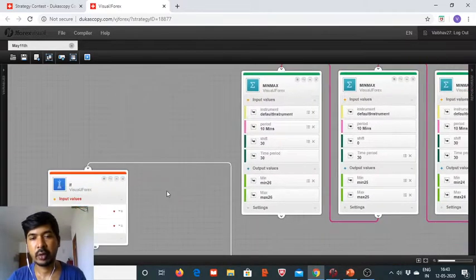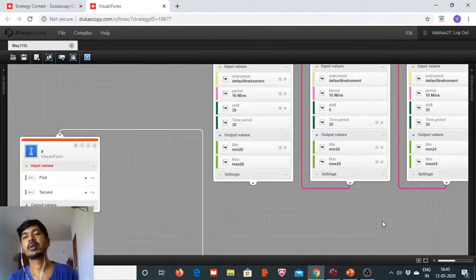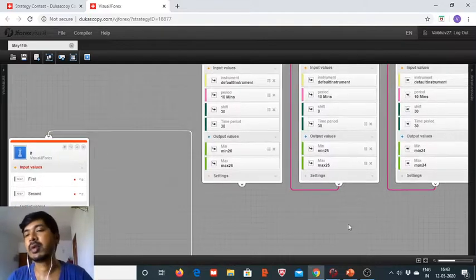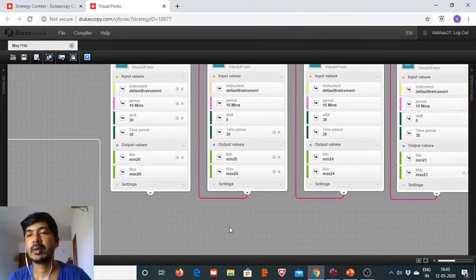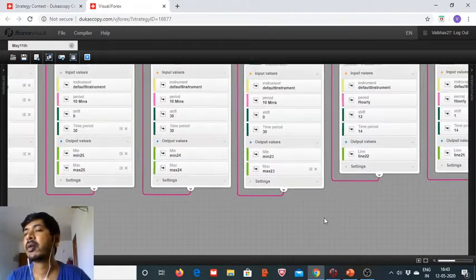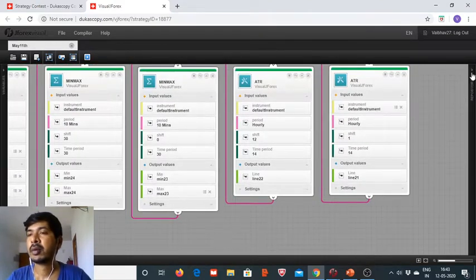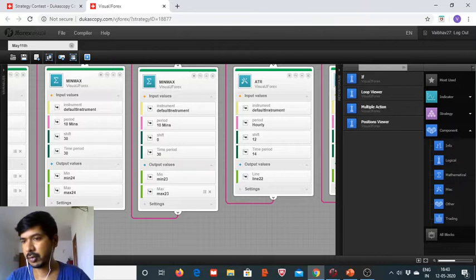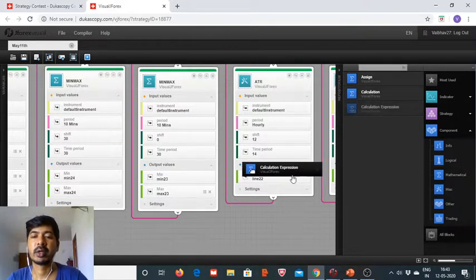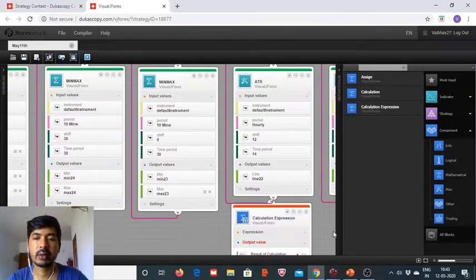We also need to define the minimus conditions of last 5 hours as well using this 10-minute candle, but we will do it after we define the ATR range. So here we need mathematical and the calculation expression comes in.